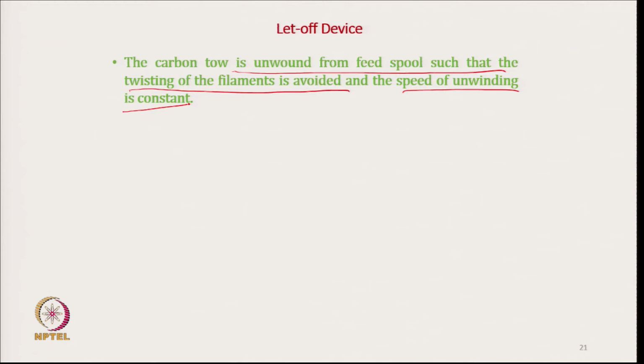So, that is important. If twisting of the carbon filament is there during the unwinding process, then there will not be any spreading and proper coating of polypropylene powder on the carbon toe or carbon filaments will not be there.